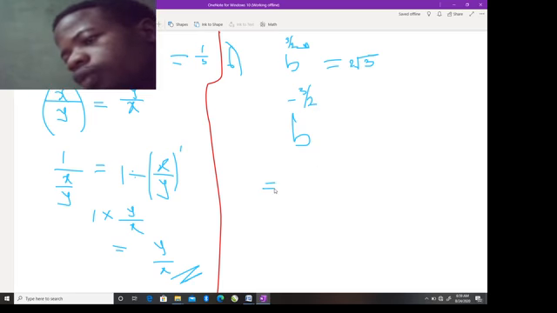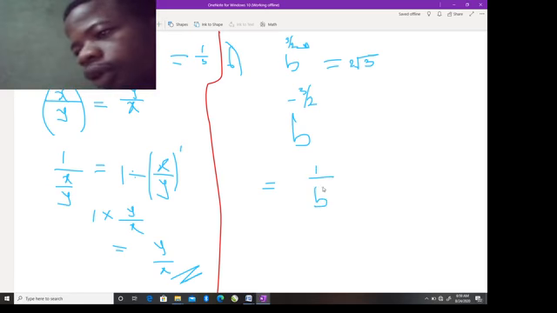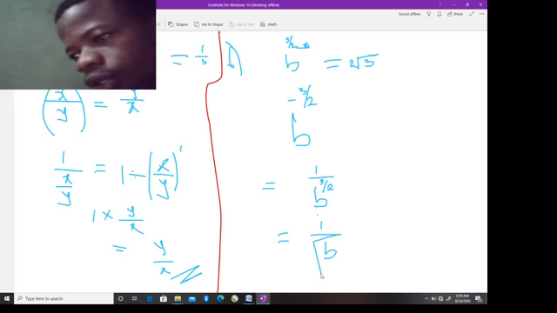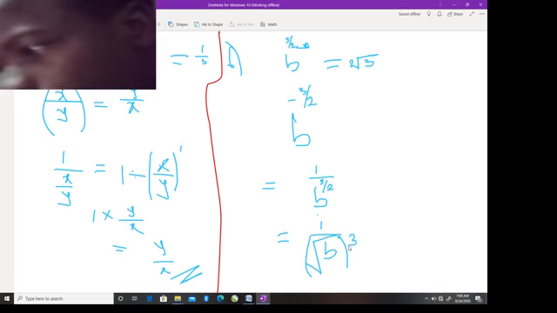So what do you have? Like I said, when you have a negative power, the negative sign forms the inverse. You have b raised to the power of minus 3 over 2, and that can be equal to 1 over the square root of b, then all raised to the power of 3.